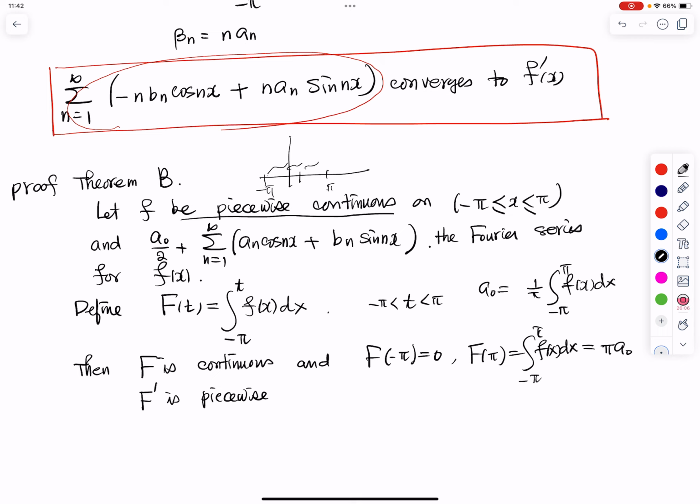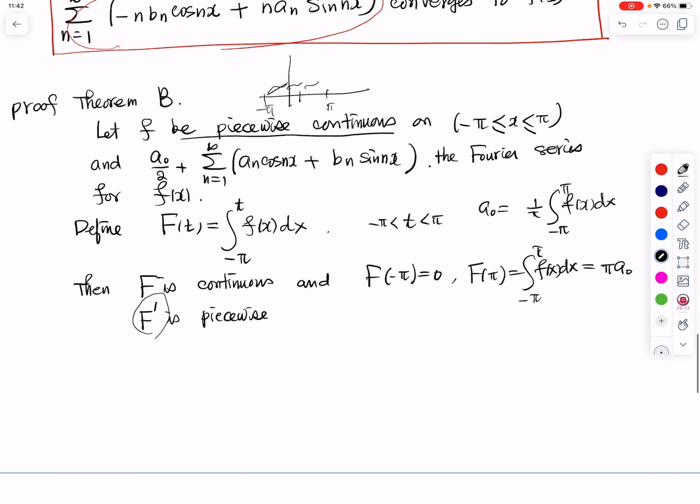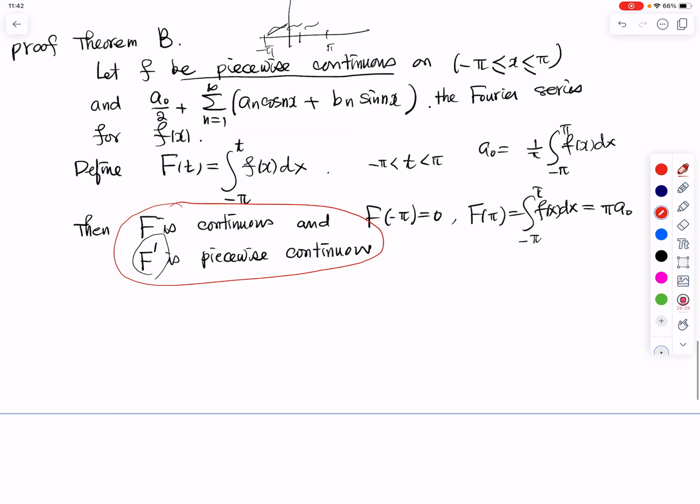On the continuous regions, this guy is differentiable, and that's why this is true. That's the property of the integral. Okay, this is a very important property when you study integrals. So you can consider the Fourier series for F prime, right?